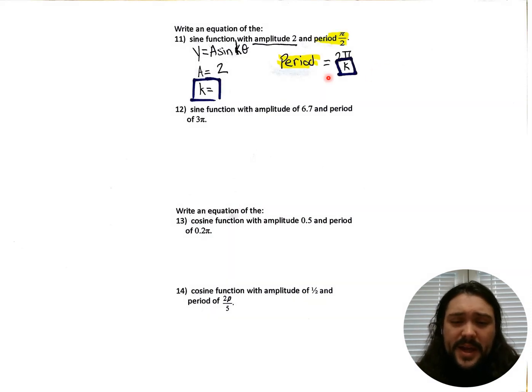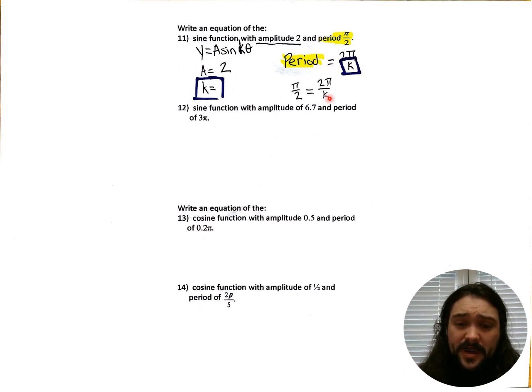K though, last time we were given K and we needed to find the period. This time we're given the period, right? So that's this part of our equation, and we need to find K. So we plug in our period of pi halves, and that equals 2 pi over K. We can just do a simple cross multiplication here.